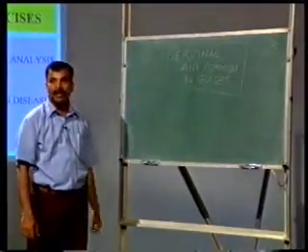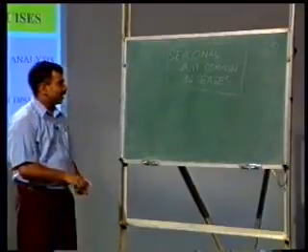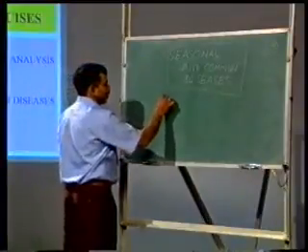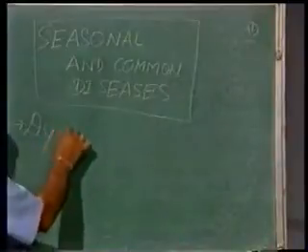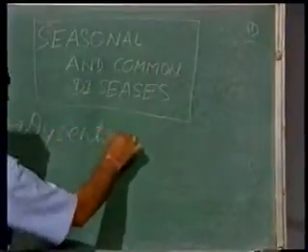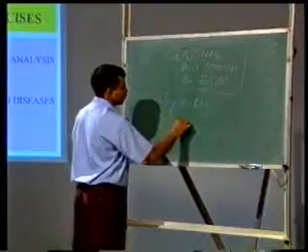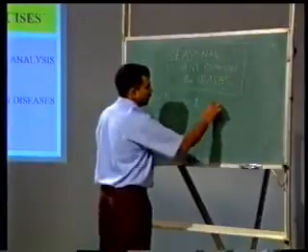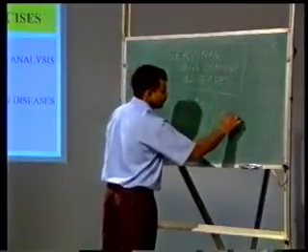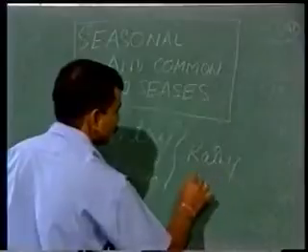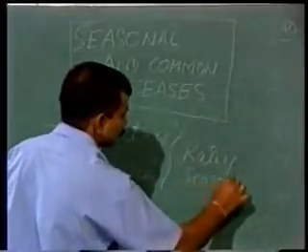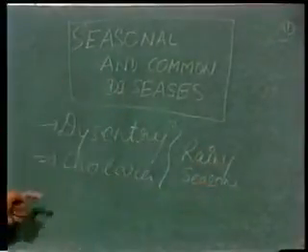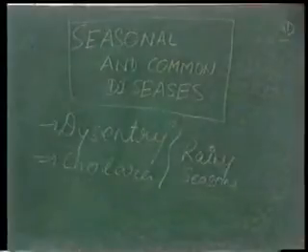Some may be periodical, like diseases such as dysentery, cholera, etc., which increase in the rainy season. Similarly, some other diseases like cold and cough may increase in the winter season.